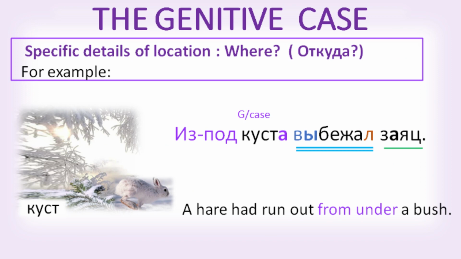Из-под куста выбежал заяц. A hare had run out from under a bush. Note that the verb выбежал is in the past tense and is a perfective prefixed verb of motion, which indicates that the action was completed. See Grammar Lesson 6 in the info card above for verbs of motion.